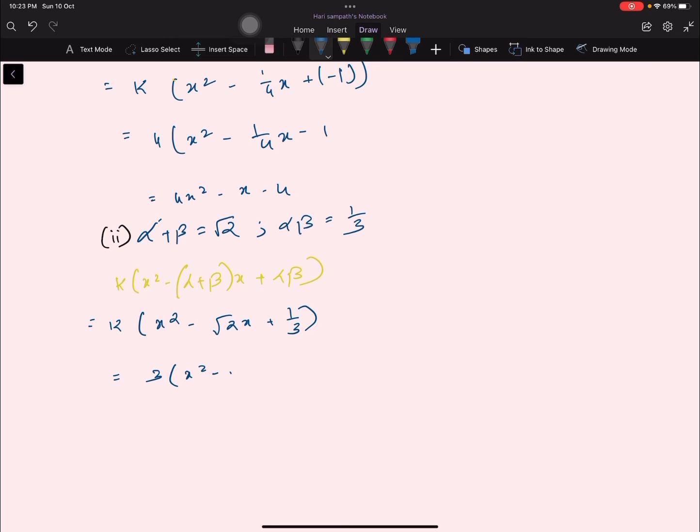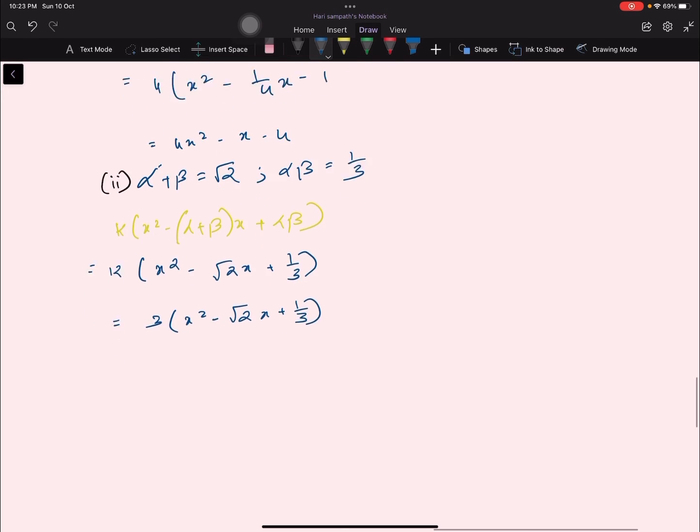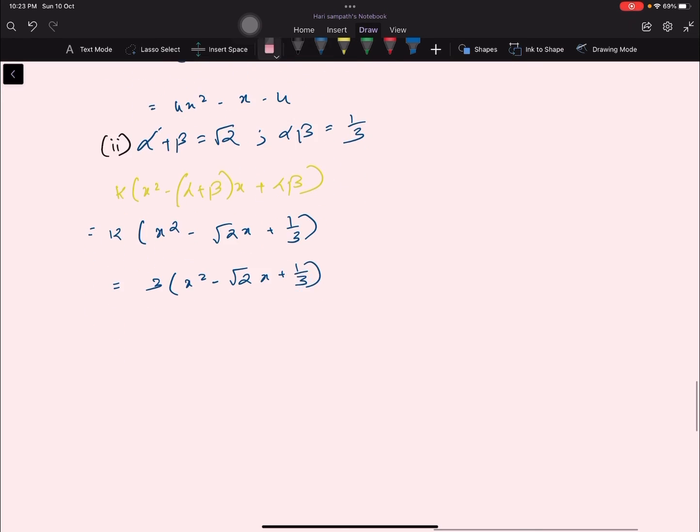Because the denominator is 3, I'm going to take k as 3. Example, if the denominators are different, 2 by 3 and maybe 3 by 2, you got to take the LCM of these and then multiply it with that. So that's how you do it. 3x square minus 3 root 2x plus 1 will be your answer.